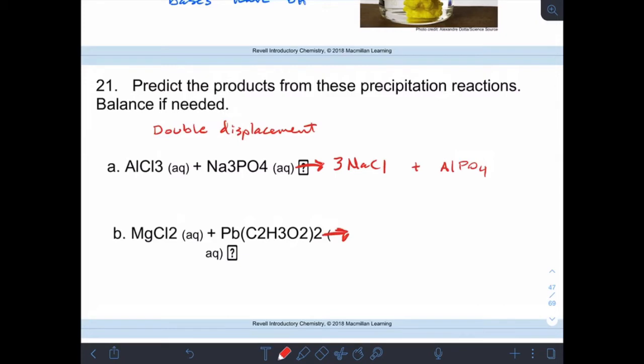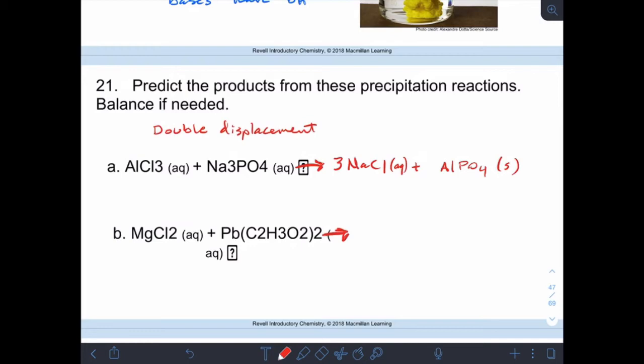I have 1 aluminum on the left, 1 aluminum on the right, and 1 phosphate on the left, and 1 phosphate on the right. Now, because this is two aqueous things together, we need to figure out if one of them makes a solid. And if you check back with your solubility rules, we find that anything with sodium is soluble. Okay? And then phosphates are generally insoluble.